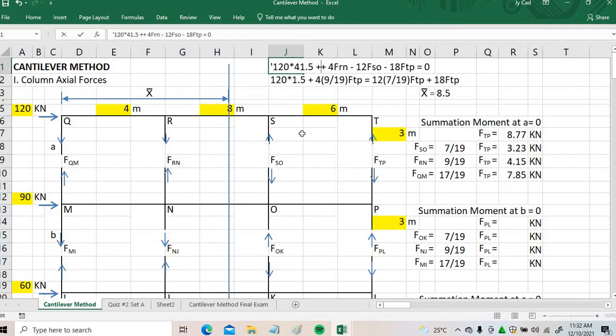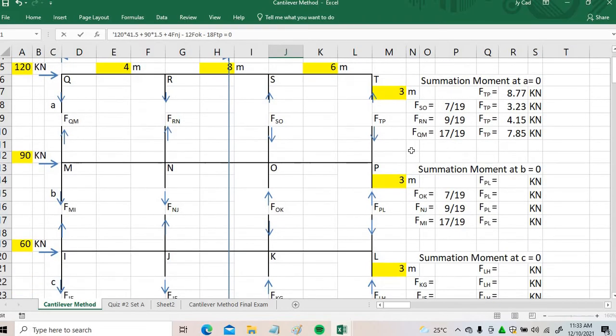plus, madadagdagan siya ng 90 times 1.5. Ayan. And then yung RN magiging NJ. Ayan. Magiging NJ. Tapos yung SO magiging OK. Tapos yung TP magiging PL.